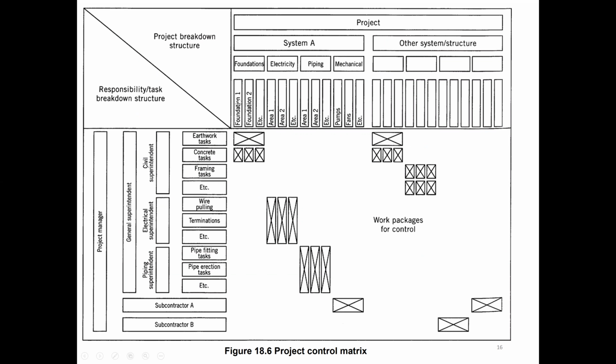Under the foundation is foundation 1 or foundation 2. Typical work packages are defined as concrete task on foundation 1 and earthwork on foundation 1 and 2. Similarly, concrete task for foundation 1 and concrete task for foundation 2 or foundation 3.